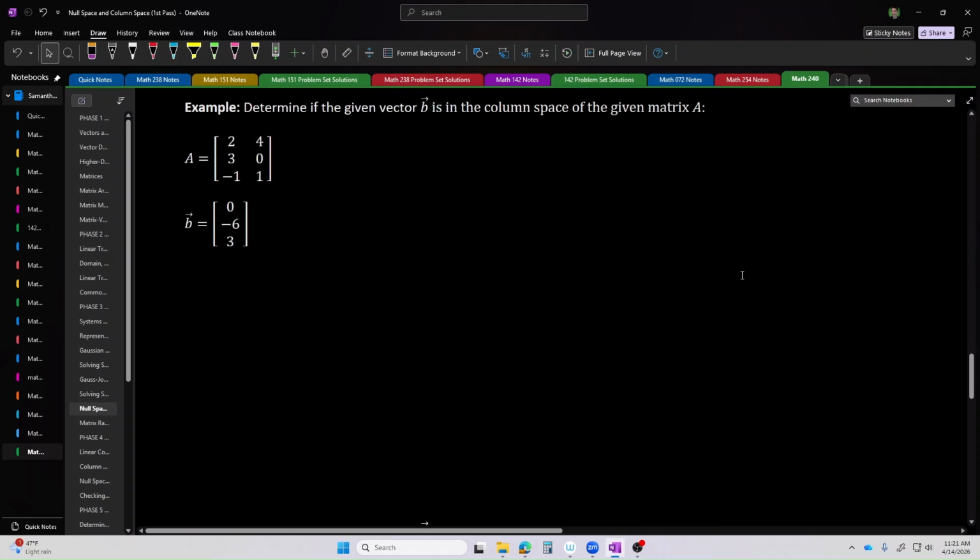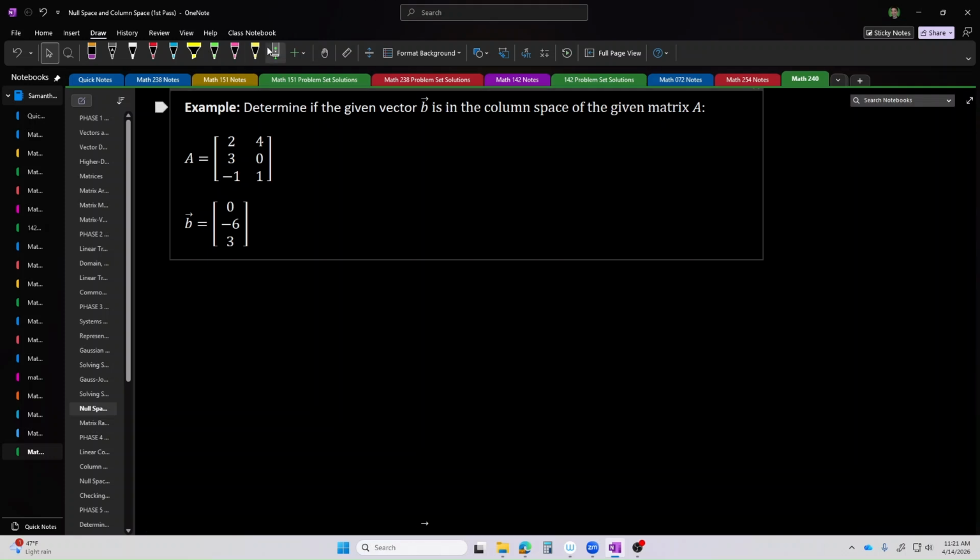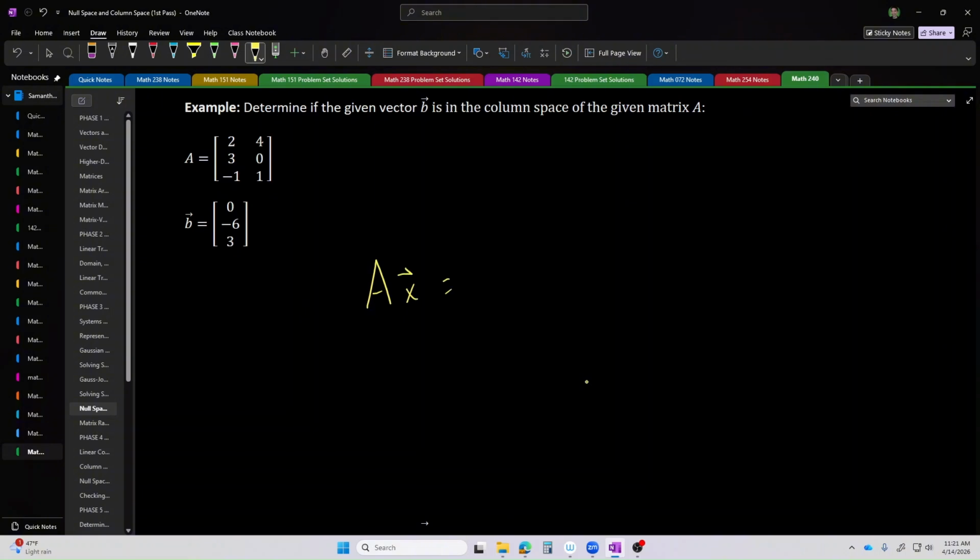Now, let's go ahead and fix that issue, and let's suppose that I have the same matrix A as before, but this time my vector B is the 3-dimensional vector 0, -6, 3. Let's now ask ourselves the question if this B is in the column space of the matrix A. So I'm going to answer the question whether the equation AX equals B has a solution.